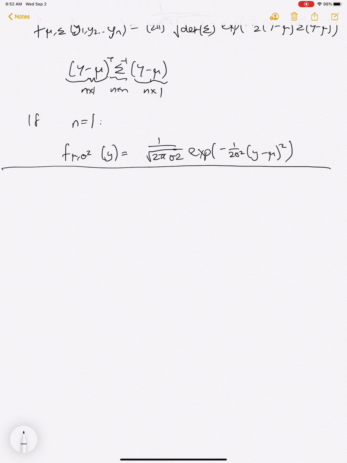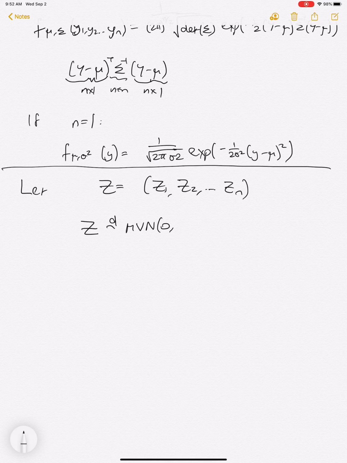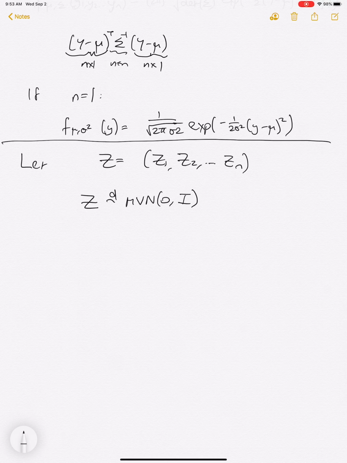Like in the univariate case, the multivariate normal in n dimensions has a lot of nice properties. In particular, you can standardize and normalize in the multivariate case just like you can in the univariate case. So we'll say that Z is multivariate normal if we just have a zero mean and identity covariance matrix.